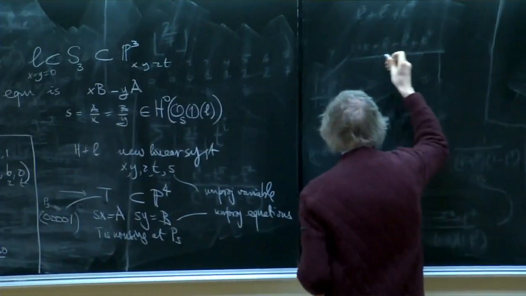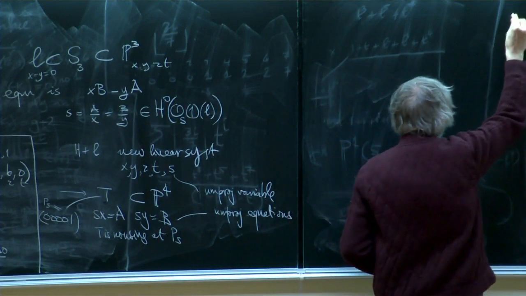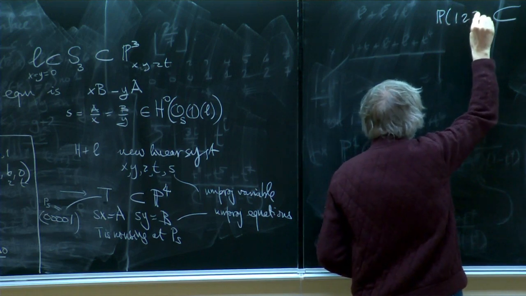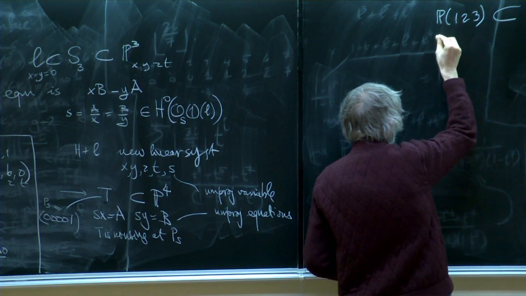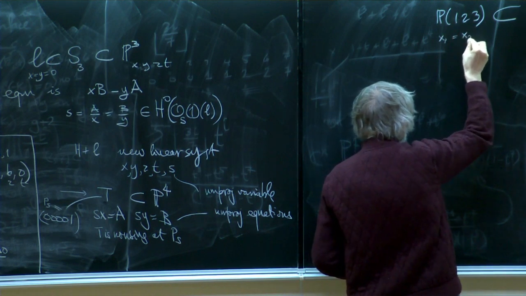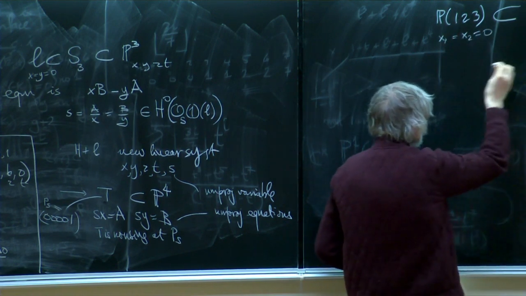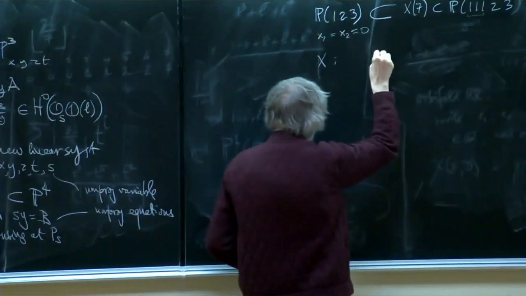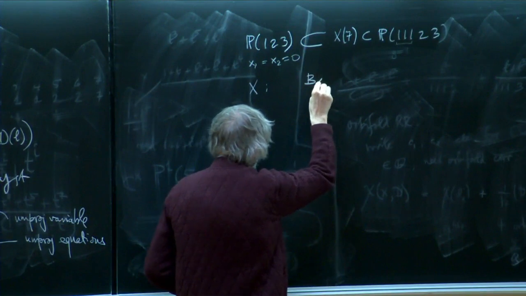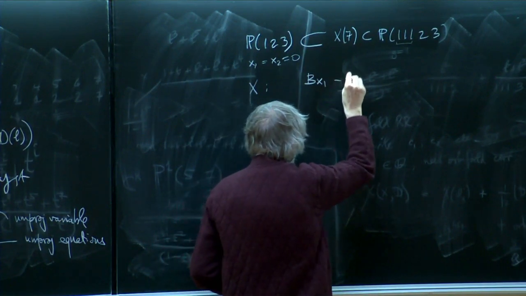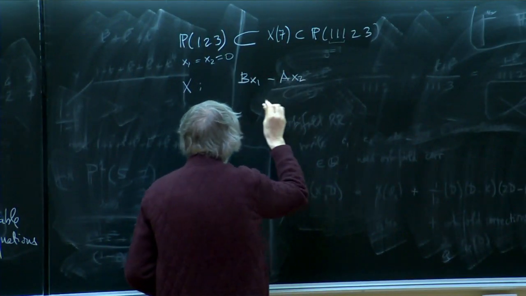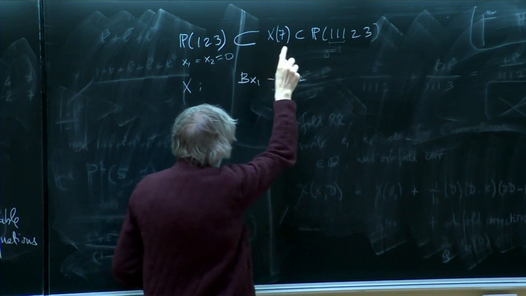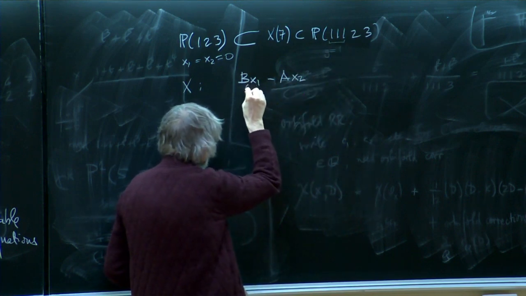So in particular, if I take this guy and I assume that he contains P of 1, 2, 3, given by x1 equals x2 equals 0, then the equation is given by, maybe I'll use the same letters, b x1 minus a x2, and now who are a and b? So they're arbitrary forms of degree 6.